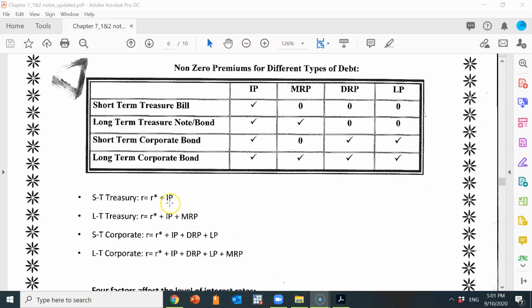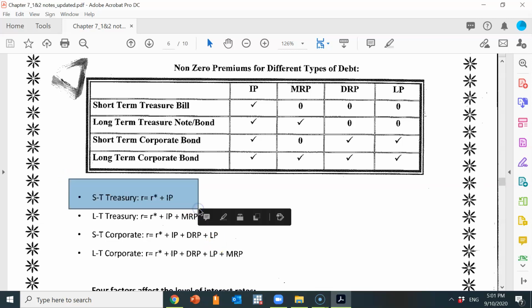We consider it risk-free because we think it has no maturity risk premium, no default risk premium, or liquidity risk premium. So when we are calculating the rate of return or interest rate for short-term treasury, we only need to use real risk-free rate plus inflation premium. It still has inflation risk, but we don't add MRP, DRP, or LP.